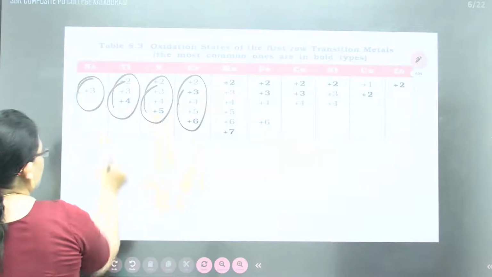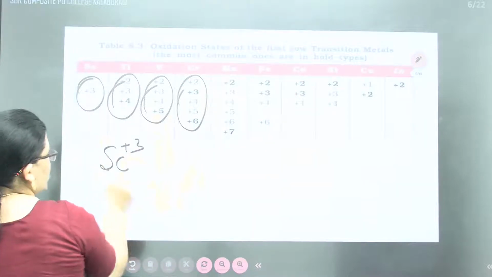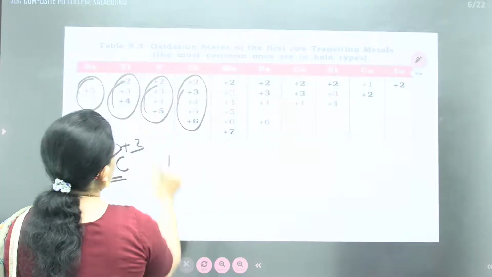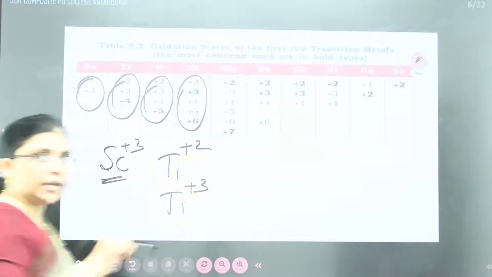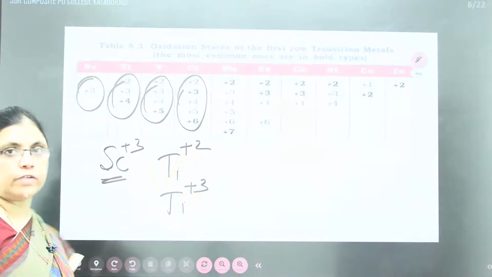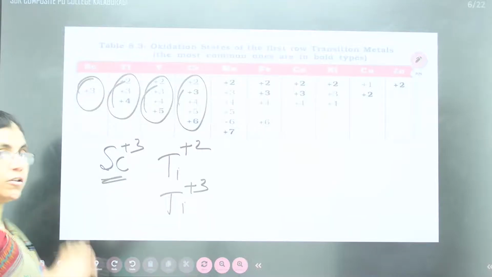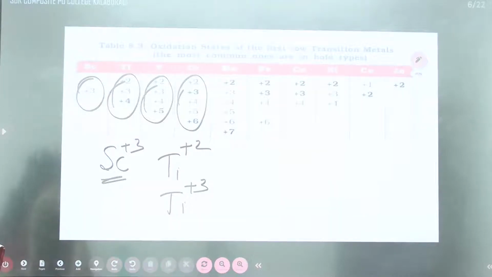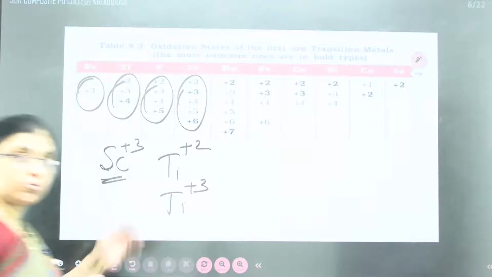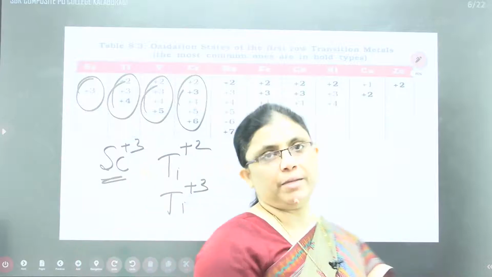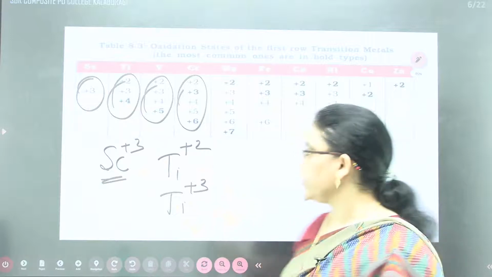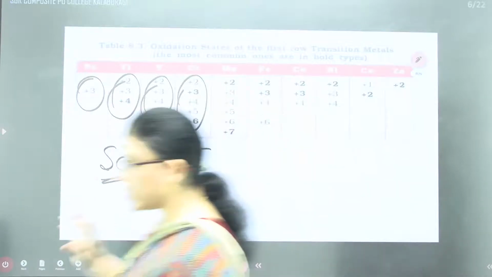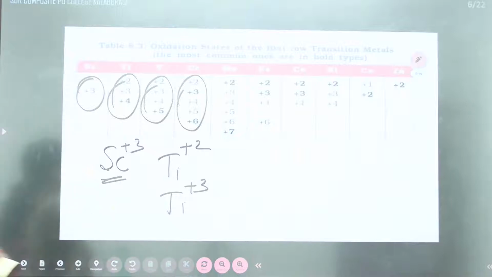That's why scandium is present in the +3 oxidation state, or we can take titanium present in +2 or +3. The higher the oxidation state, the smaller the size. Whenever we have transition metals, the size will be smaller compared to the main group elements, which are the s block and p block elements. This is the point related to either atomic radii or ionic radii.